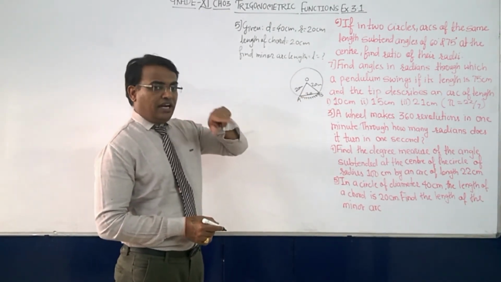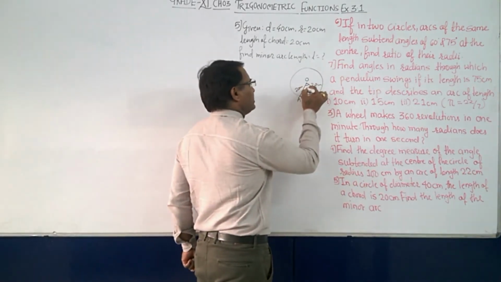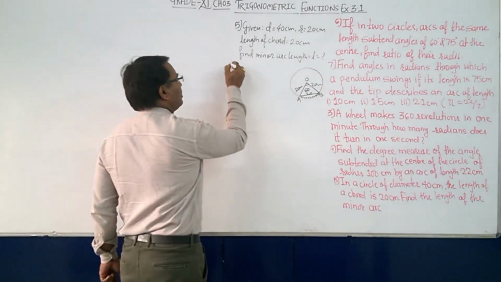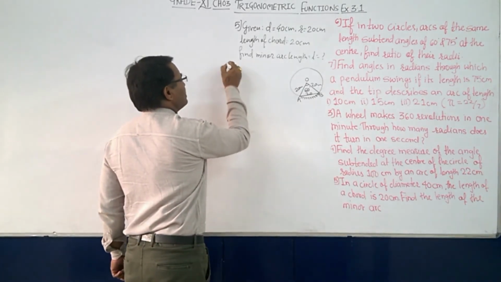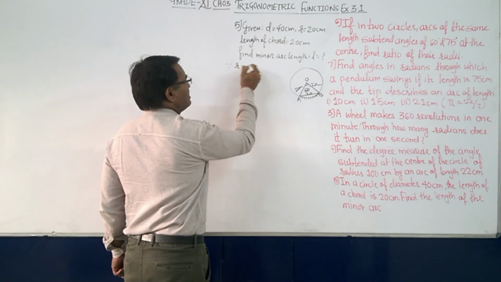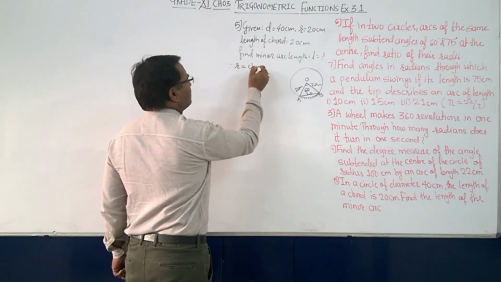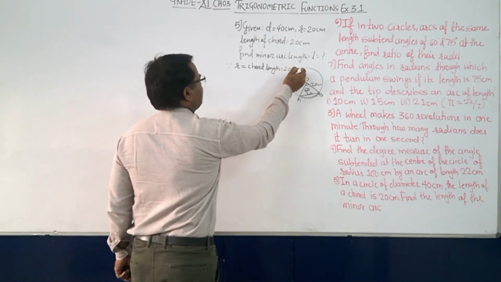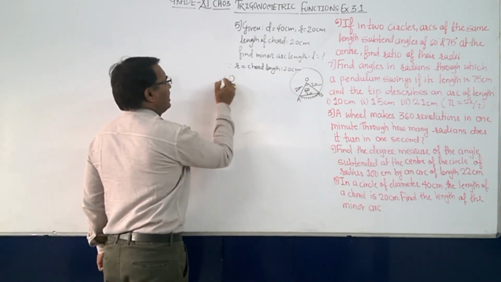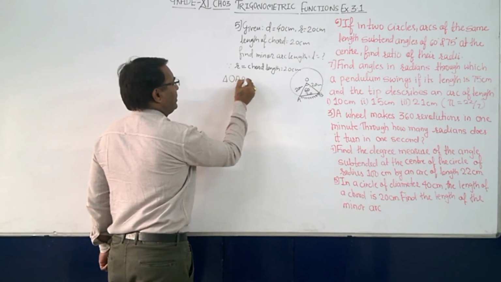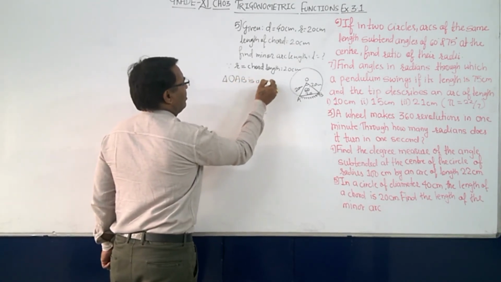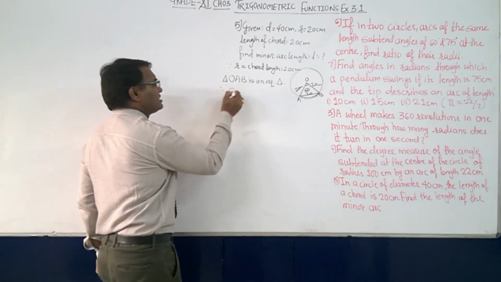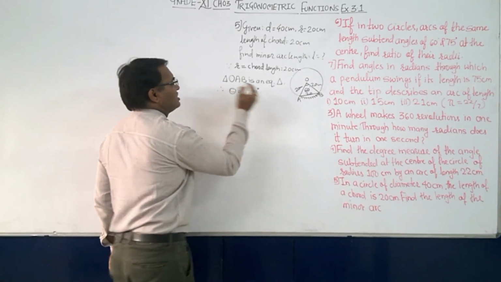Equilateral triangle. So automatically this theta will become 60 degrees. Therefore we can write down, since radius is equal to chord length, chord length is equal to 20 centimeter, therefore triangle OAB is an equilateral triangle. Okay. Therefore what is theta? Theta is equal to 60 degree.